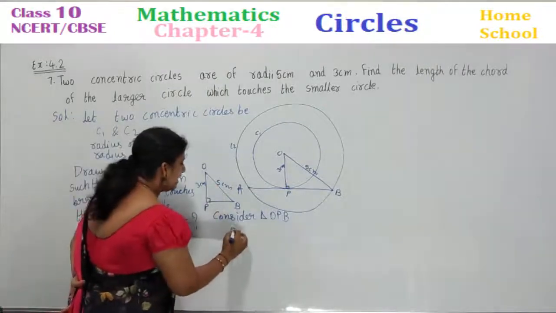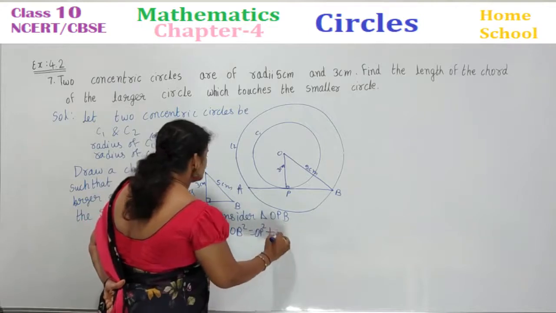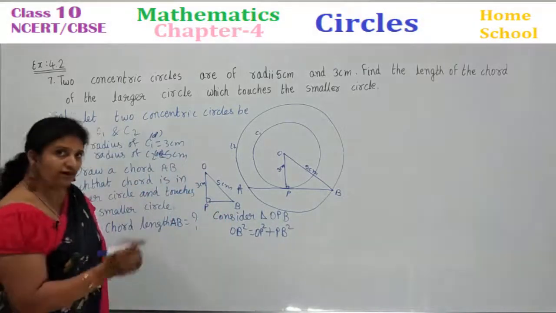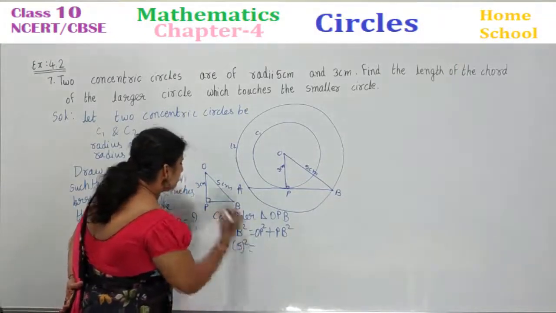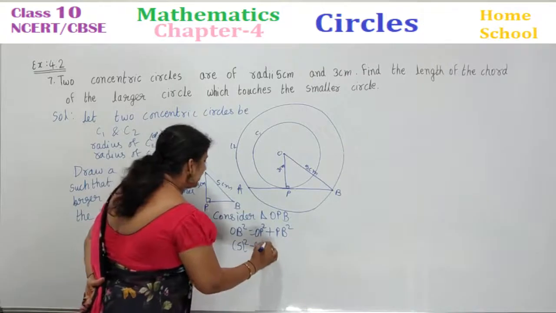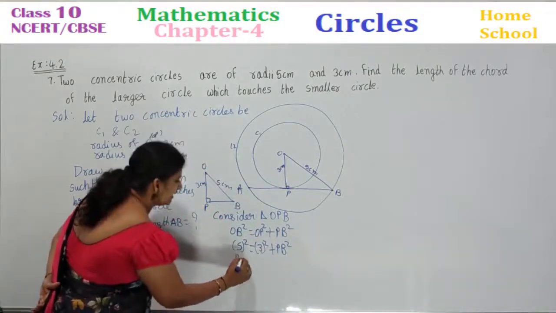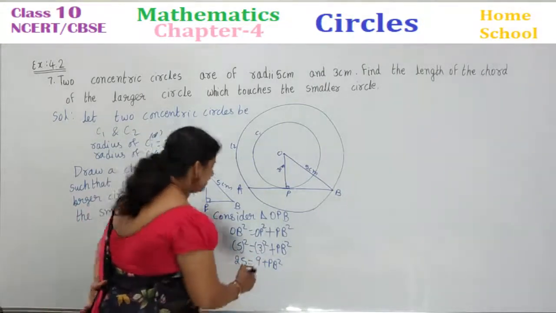I can apply the Pythagoras theorem. That is, hypotenuse square is equal to the sum of the squares of the other two sides. OB squared, 5 whole square, equals OP squared, 3 whole square, plus PB square. 5 fives are 25, 3 threes are 9, plus PB square.